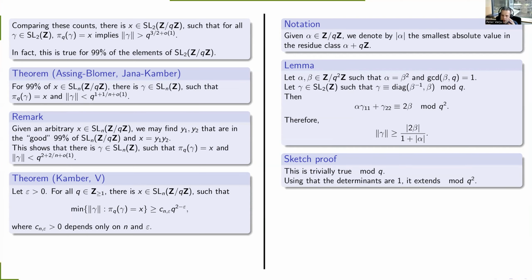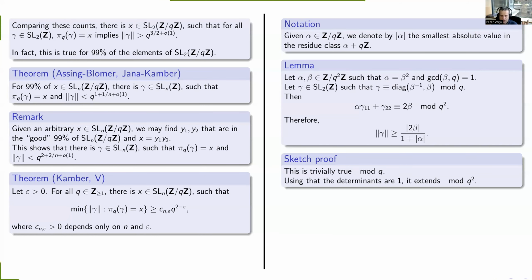Now, how can I get such a thing? Well, imagine that you have this 2 by 2 matrix and you know what it is modulo Q. And then you perturb it by adding to each entry something divisible by Q. And what you know is that the matrix that you have will have determinant 1 because that's the lift that you are looking for.